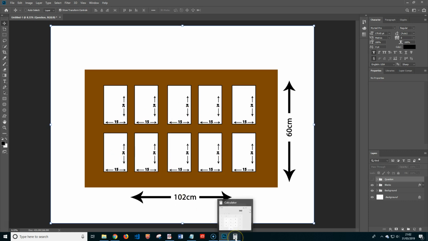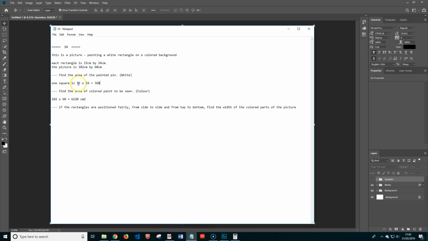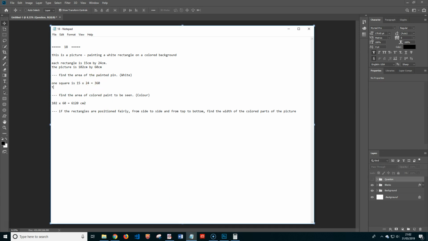So what we need to do now is take our sum here. One square is 15 by 24 equals 360. So 10 squares is 360 times 10, and that equals 3,600 centimeters squared, because it's 10, we're just adding on a 0.